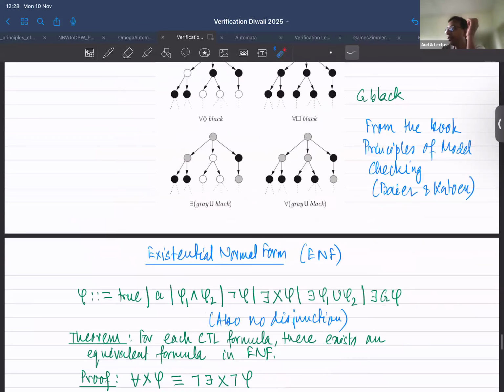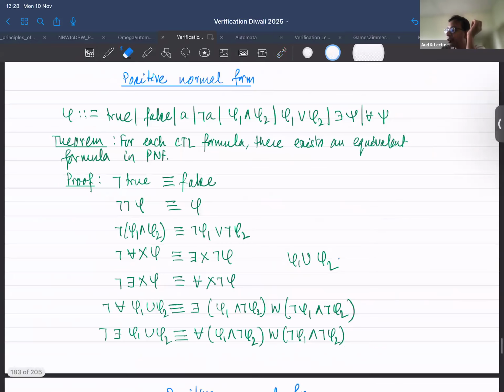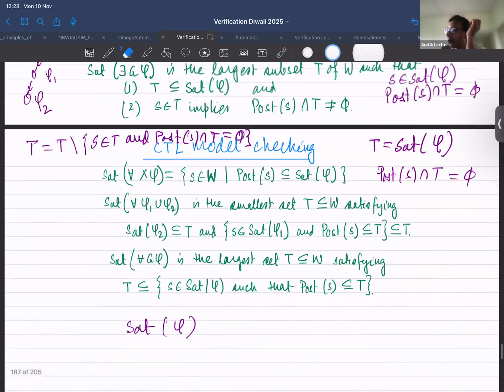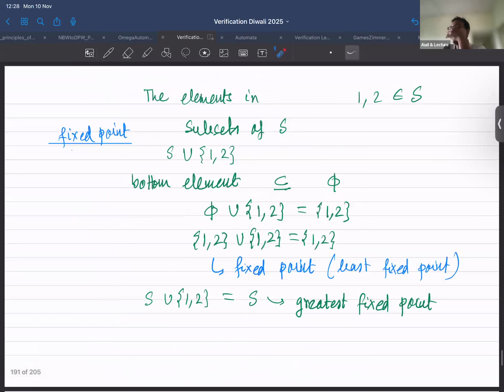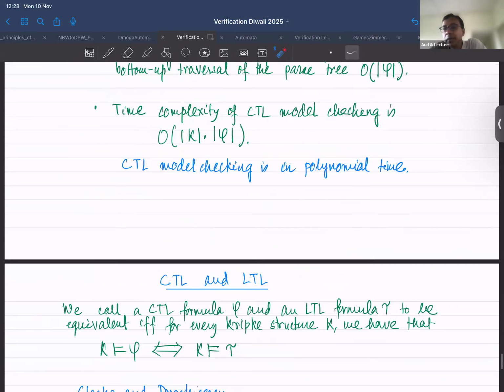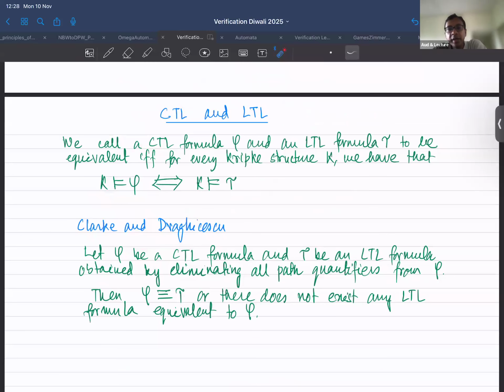Okay, so we'll see other properties also that one can express using CTL but not using LTL, and vice versa.